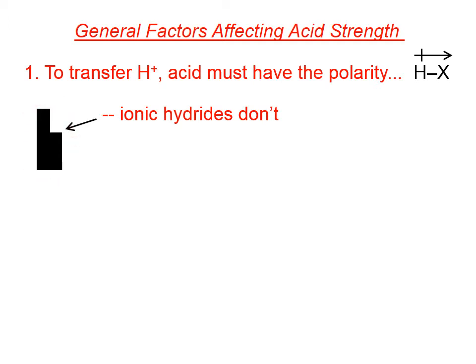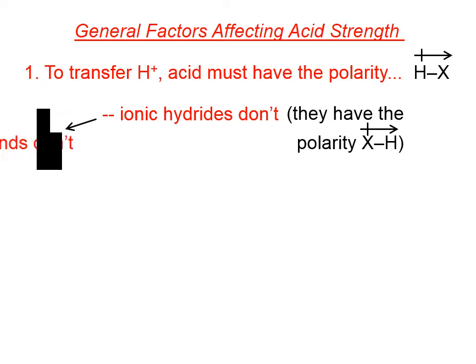In other words, there's no such thing as, for example, aluminum hydride or iron hydride. Ionic hydrides don't have that polarity because it turns out that hydrogen is actually more electronegative than any of these atoms. The hydrogen is not going to be donated for ionic hydrides.